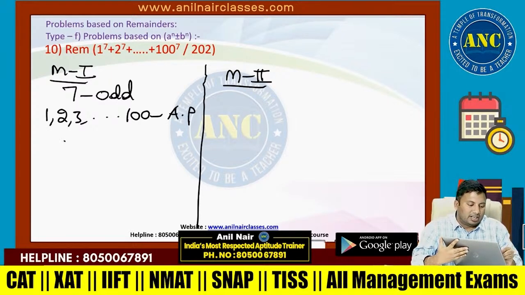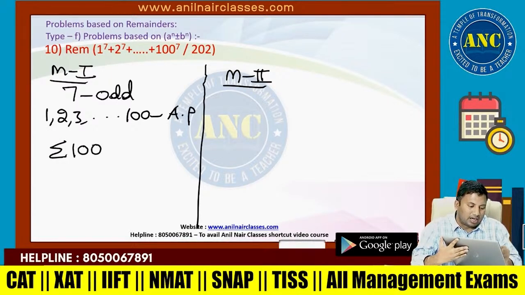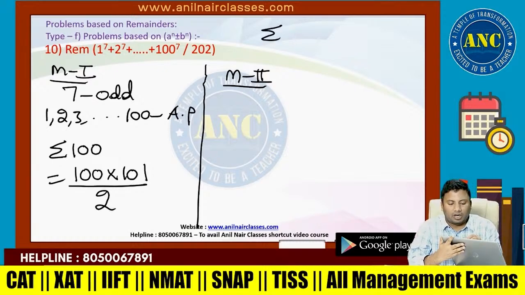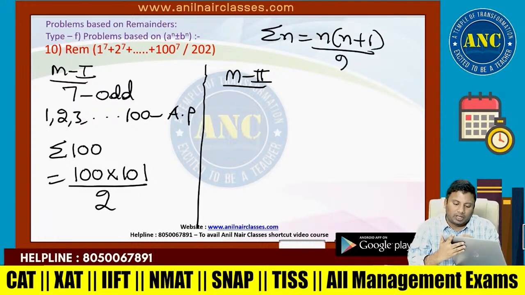So it is divisible by summation 100. Summation n is n into n plus 1 by 2.